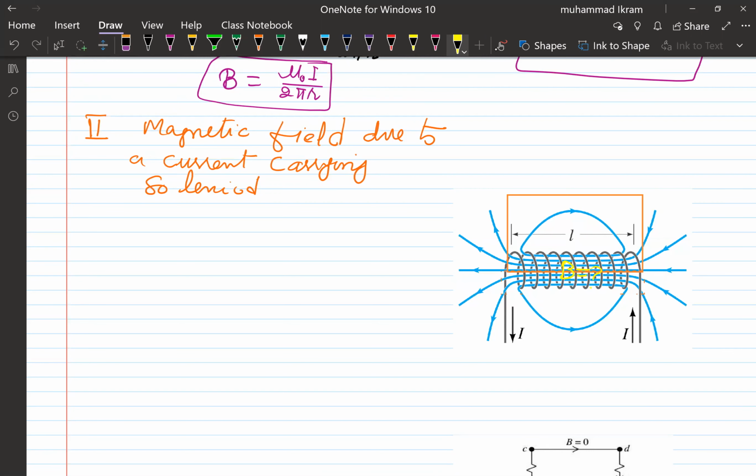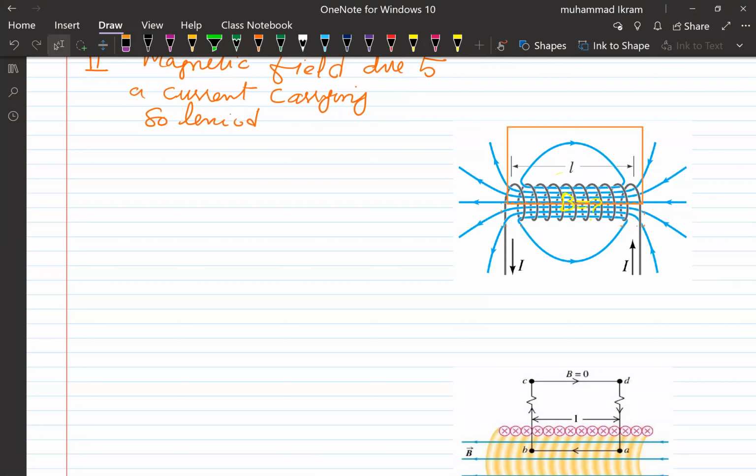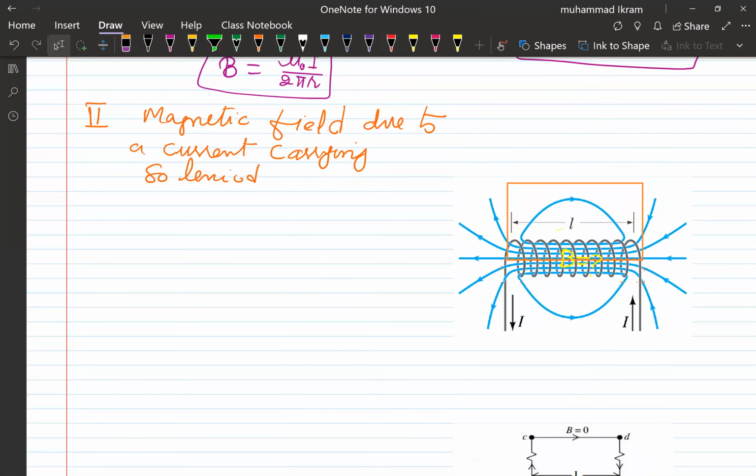Now look, around here the magnetic field is very weak. Now let us see, L is the length of the solenoid, and this length of the solenoid has some turns per unit length.